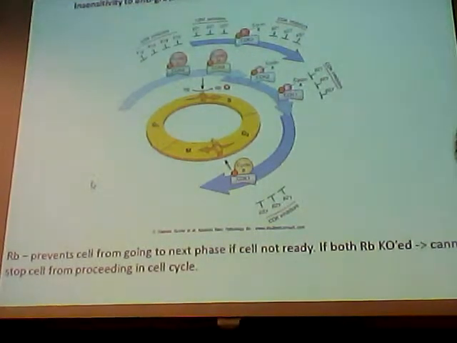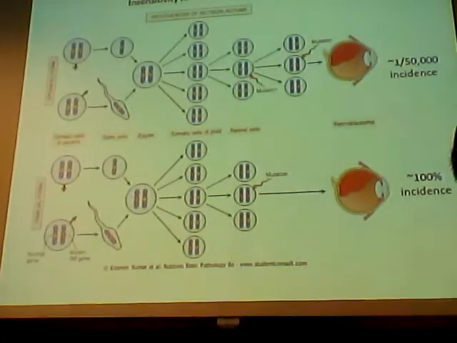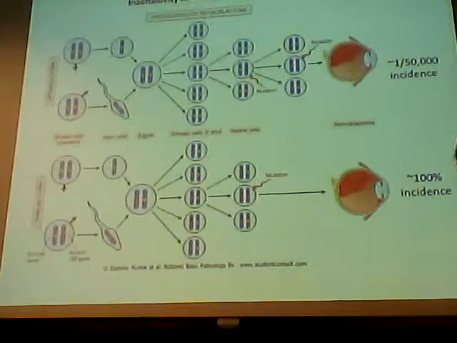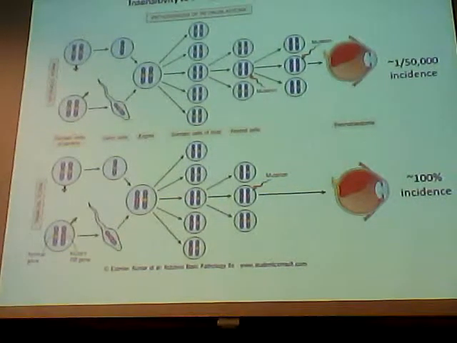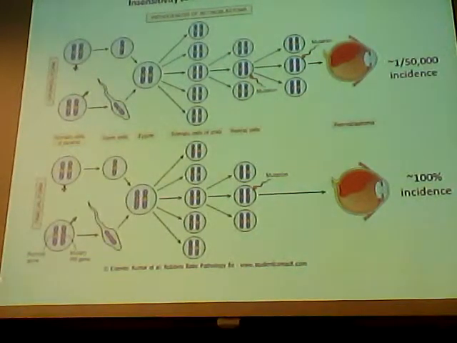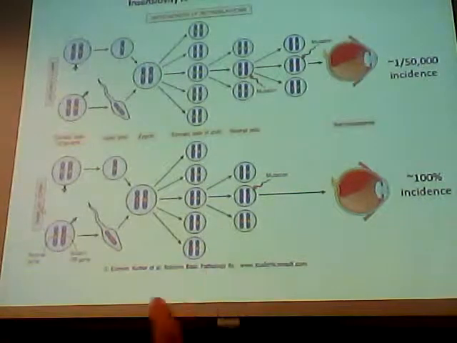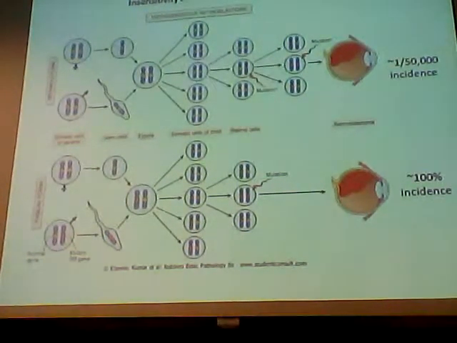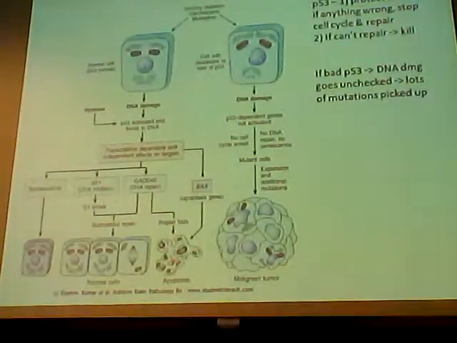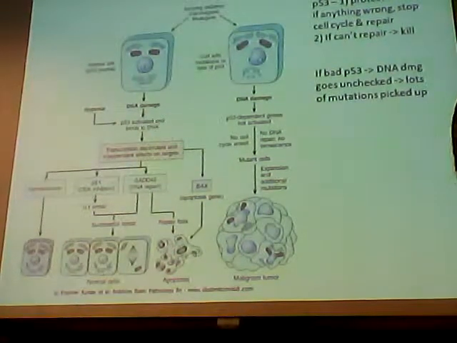Does that make sense? If you have a sporadic mutation that's one by chance, it's very, very unlikely that you'll get another one. But if you're born with one, so familial, you'll basically have a 100% chance of getting that second bad mutation.